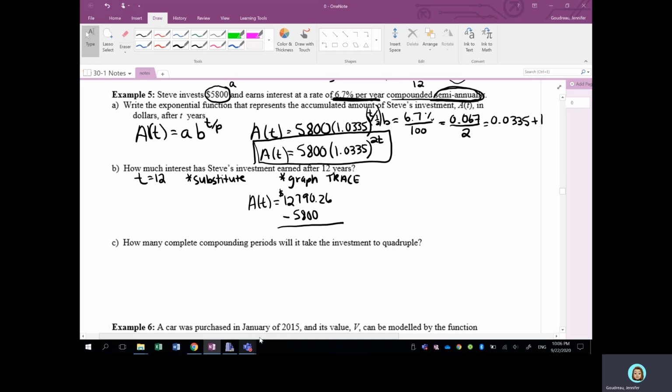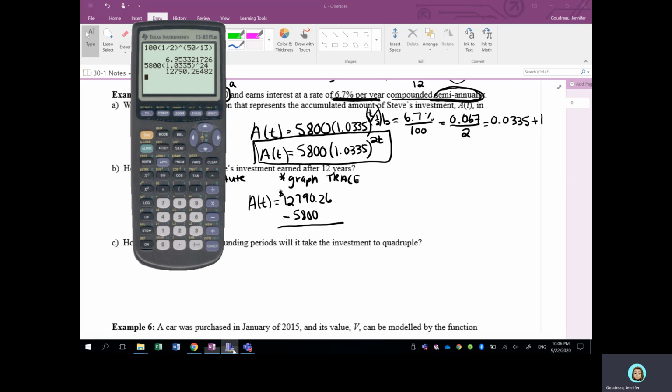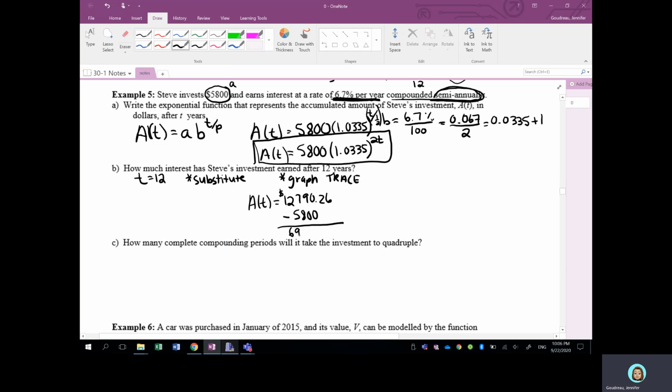So that $12,790.26, we're going to subtract away the initial investment to see how much of that is interest. So $6,990.26 is interest. So read the question carefully. If it just asked for the accumulated amount, we would be done up here. But because it's asked for the interest, we have to subtract away the initial investment.